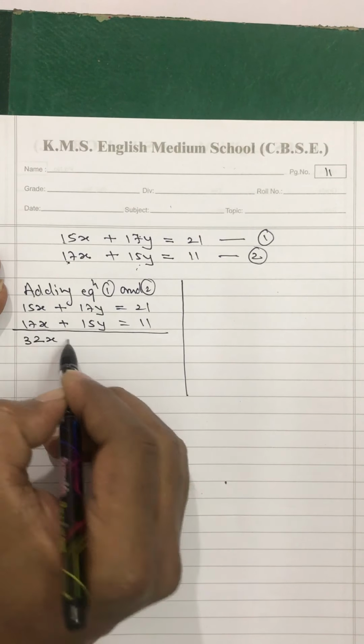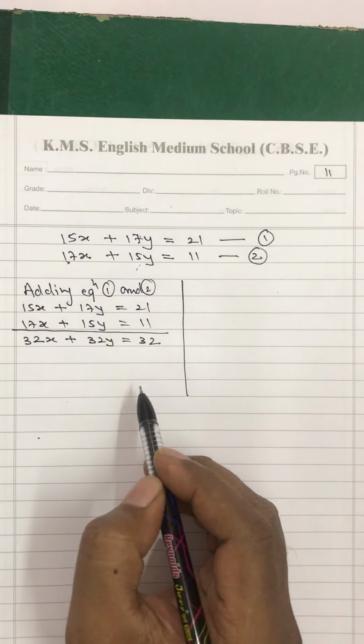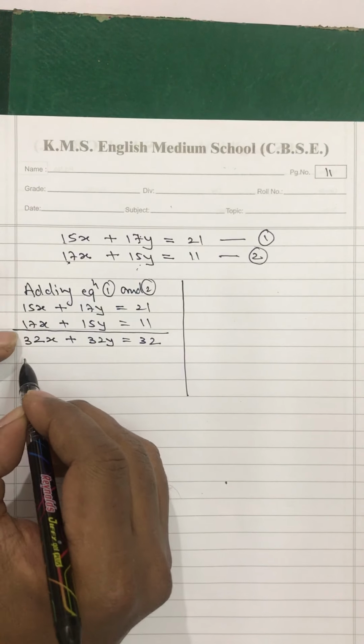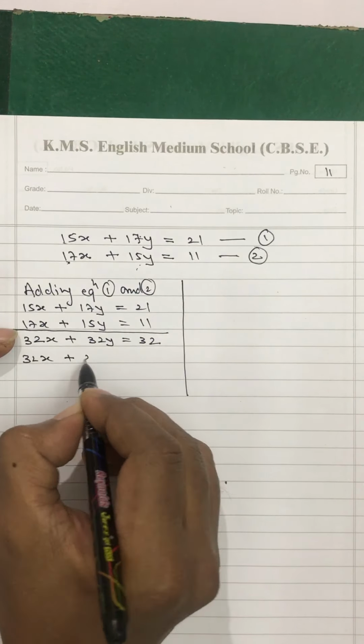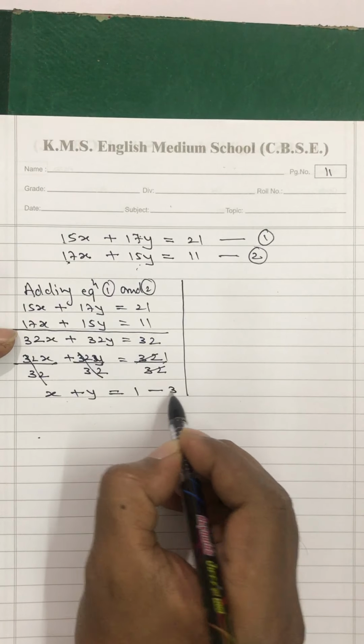Then here also I will get 32y is equal to 32. And remember, this will always reduce. I will have to divide throughout by 32. You should see by what number it will reduce. It is not necessary that most of the time it will reduce by 32 itself, and this is 1. So you will get x plus y is equal to 1, and this becomes your third equation.